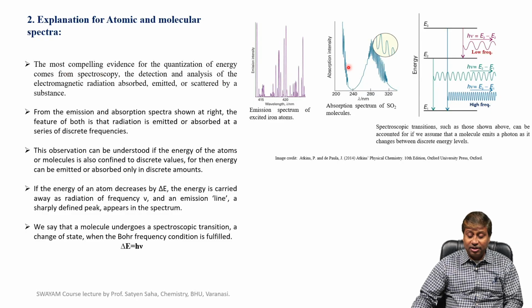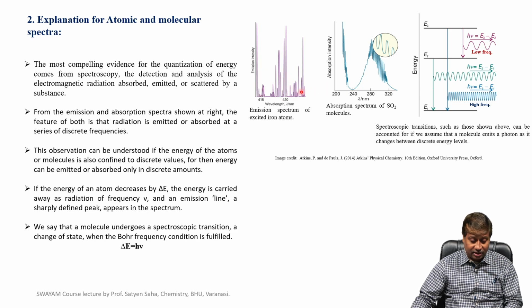So, this is compelling evidence of quantization of energy. In spectroscopy, we detect and analyze the electromagnetic radiation absorbed, emitted or scattered by a substance. In the emission and absorption spectra, the radiation is emitted or absorbed at a series of discrete frequencies.